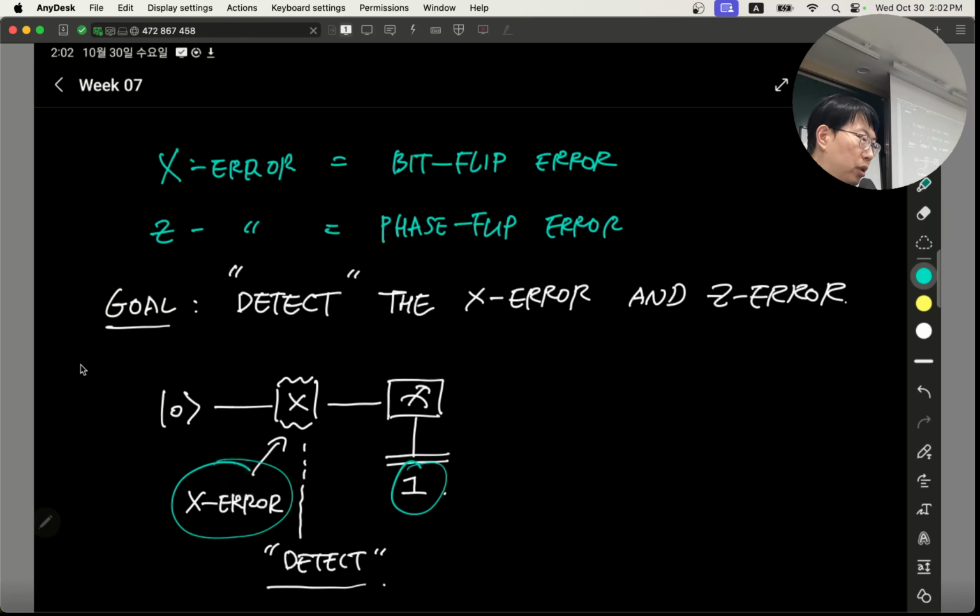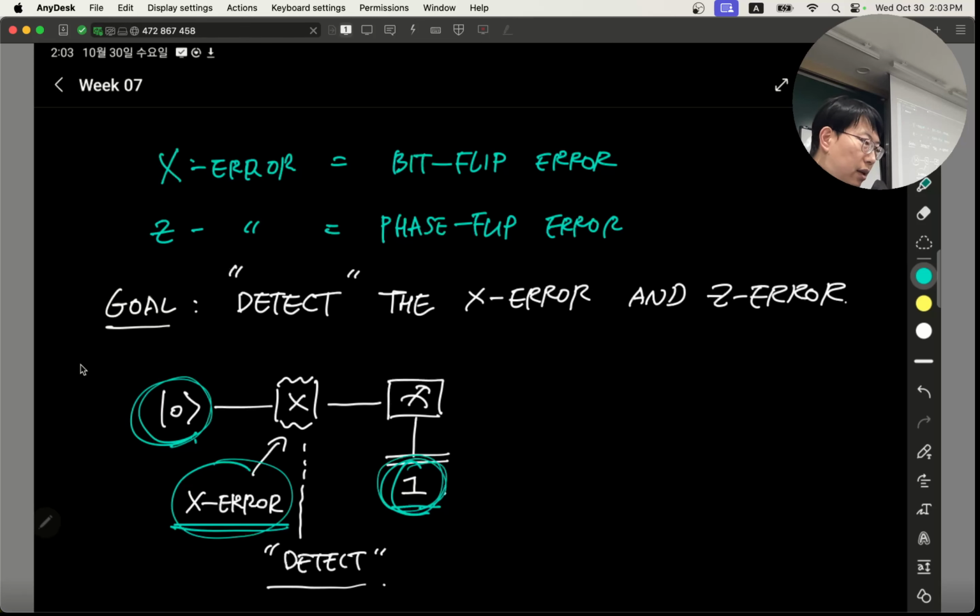You have to interpret this as: I got 1, but it says an X error has occurred, therefore the original state that I was looking at was 0. The X error was there, but the actual circuit indicates it's 0. So this, in some sense, is corrected.